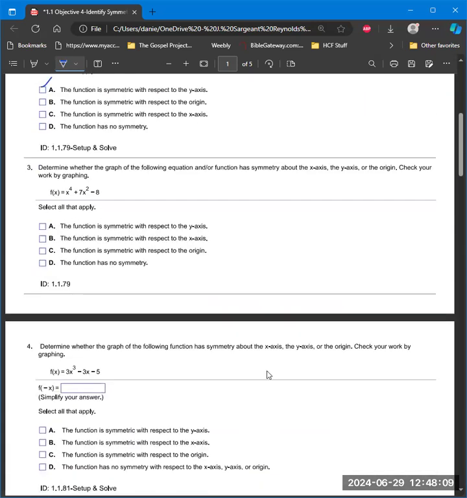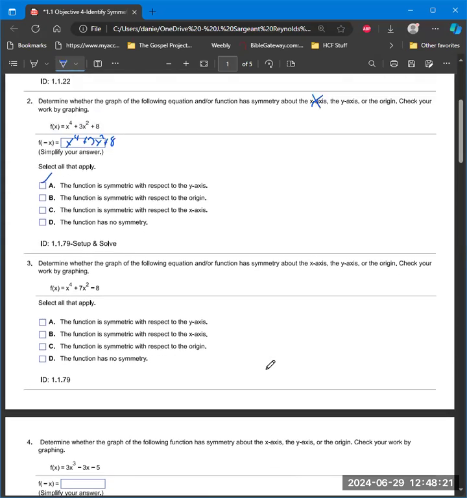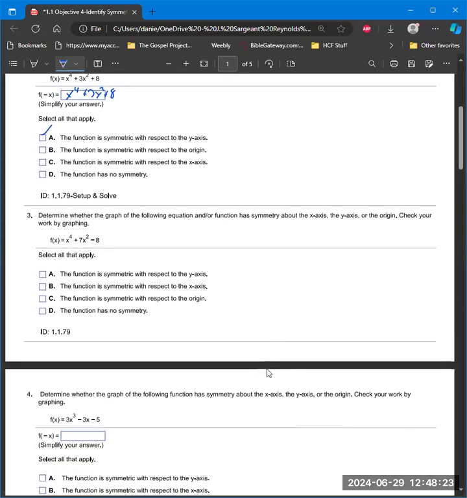Now we want to determine whether the graph of the following equation and or function is symmetric about the x-axis, y-axis, or origin. Again, it's solved for y, so we know that it's not symmetric about the x-axis. And when we find f of negative x, we have x to the fourth plus 7x squared minus 8.